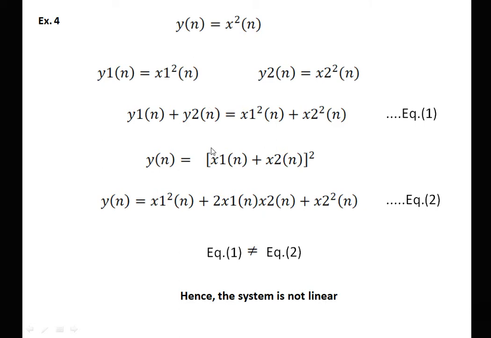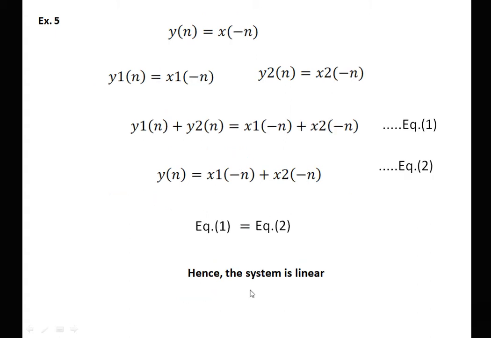Therefore, we will get x1 plus x2 n and then bracket square, because it is x square here. So we replace this x by x1 n plus x2 n and their square. After expanding the equation, we are getting the answer x1 square n plus 2 x1 n into x2 n plus x2 square n. Equation 1 and 2 are not same, therefore system is not linear.